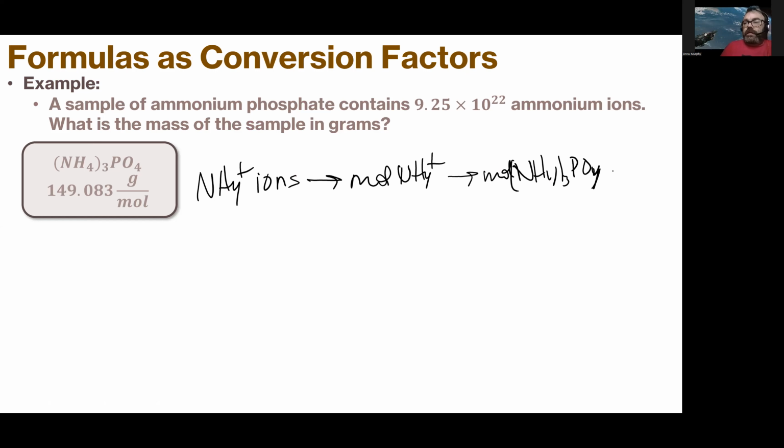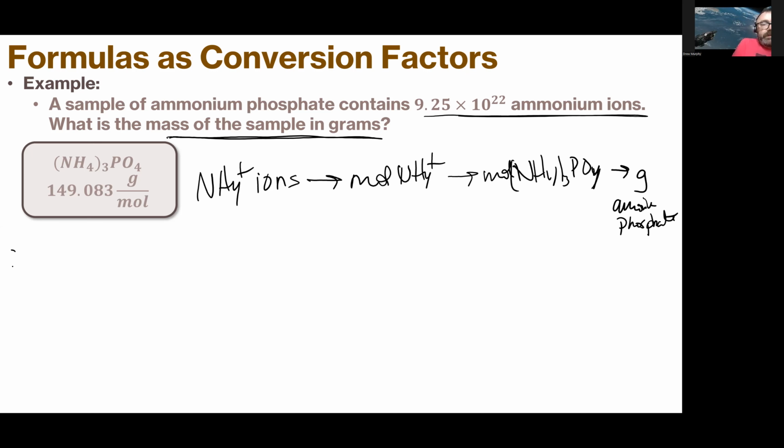Okay, and then this will get to grams of ammonium phosphate. This says ammonium phosphate, just trust me. Right, we're looking for mass of the sample in grams. We're given this many. Okay, so I didn't screw this one up. Good, let's write this out.